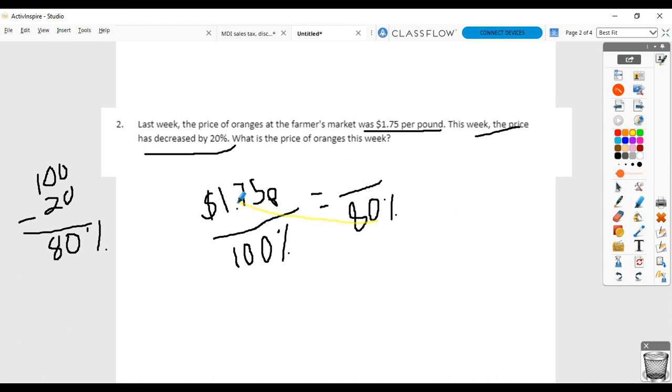So it's 80 times $1.75 divided by my starting point, which is 100. And in this case, it equals 1 4/10. But let's look here. My label's money, right? So I can put a dollar symbol here. And because it's money, I need 2 digits. So I need to add a 0 at the end. So I have $1.40 P, which stands for per pound. So I can put it there.